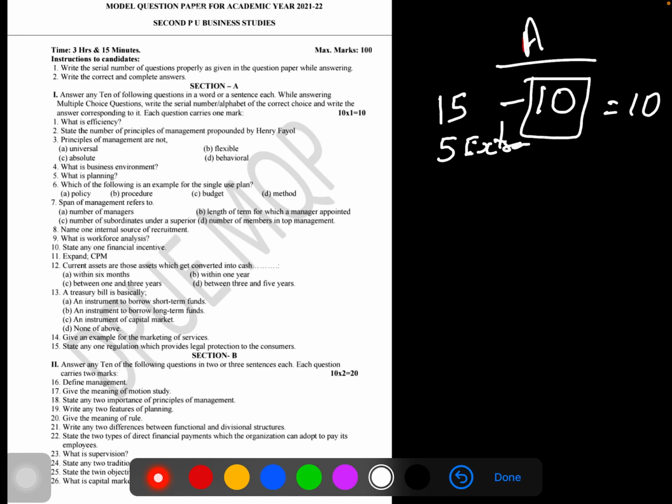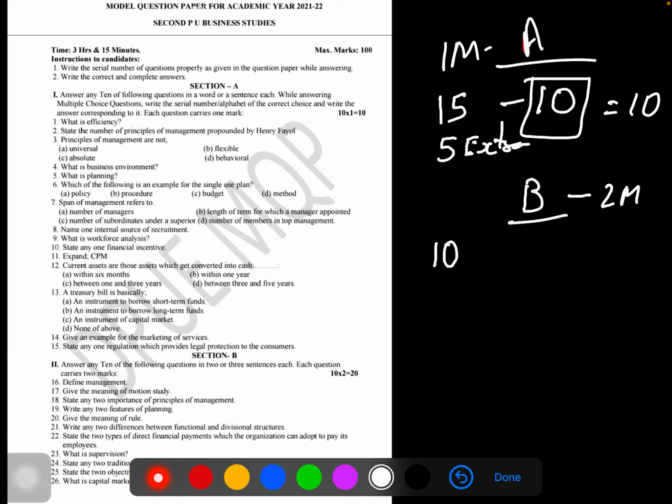When it comes to Section B, it is completely about 2 mark questions. Each question you answer here carries 2 marks. You have 15 questions, and out of them you have to answer only 10.